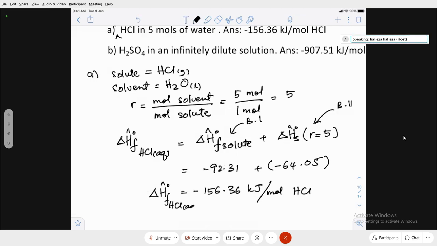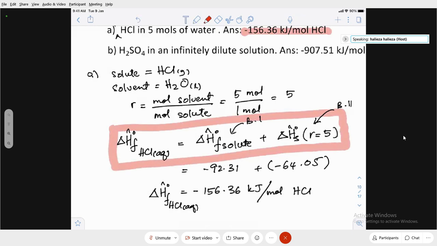That is your aqueous solution for hydrogen chloride. So that is per mole of your solute, and that answer is the same as the answer given here. So that's how you use this equation to get the heat of formation of your aqueous solution. And let's do another example, which is part B.